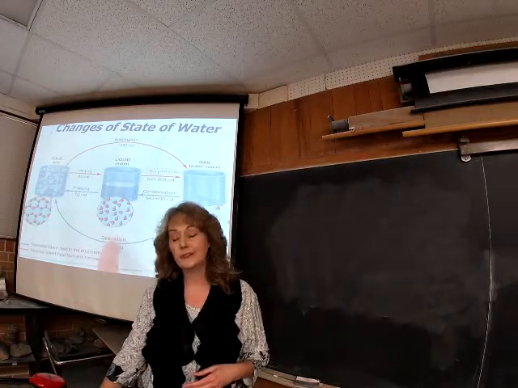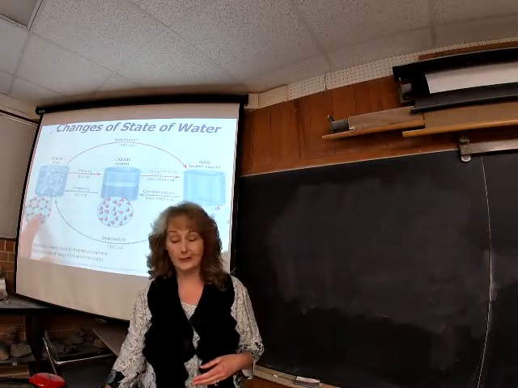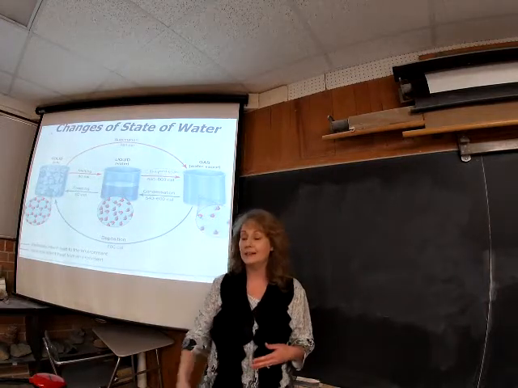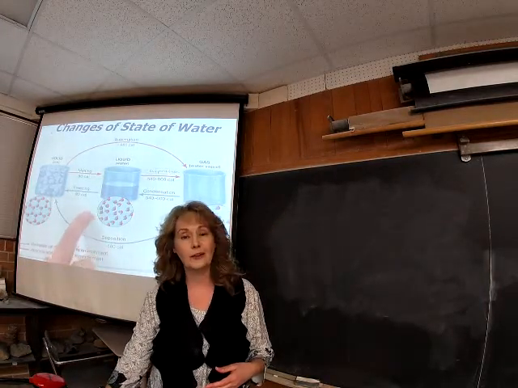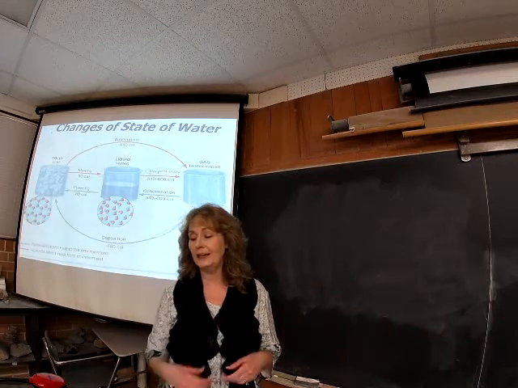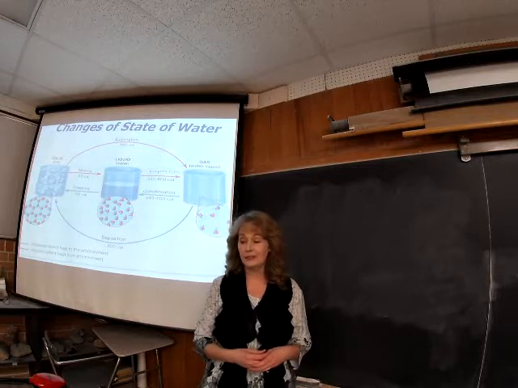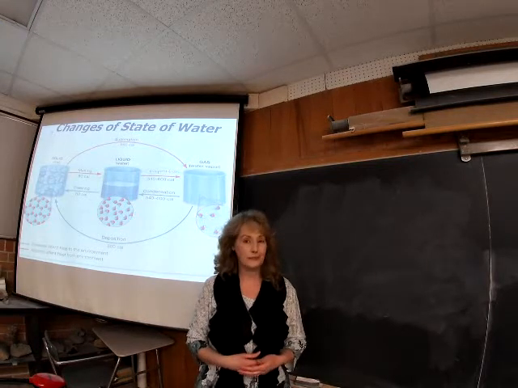To go from the liquid state to the solid state, that's freezing. That's going to give off another 80 calories, a little bit more of that latent heat being released back to the environment when we're going to a lower energy state in that process of freezing.